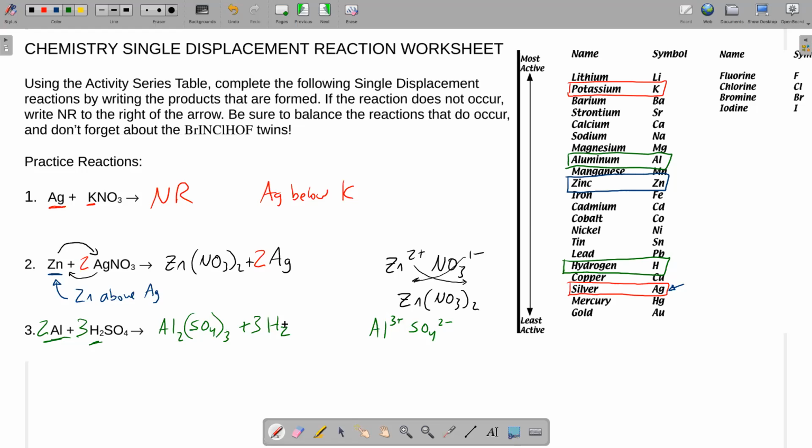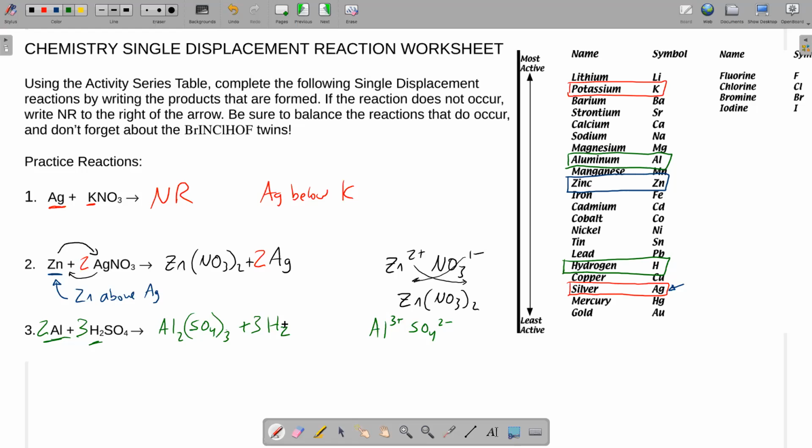Turns out that H2SO4, you might recognize as sulfuric acid. Any compound where hydrogen is the cation is an acid in solution. So when it's hydrogen something, it's an acid. And most metals react with acids, with the exception of copper, silver, mercury, and gold.